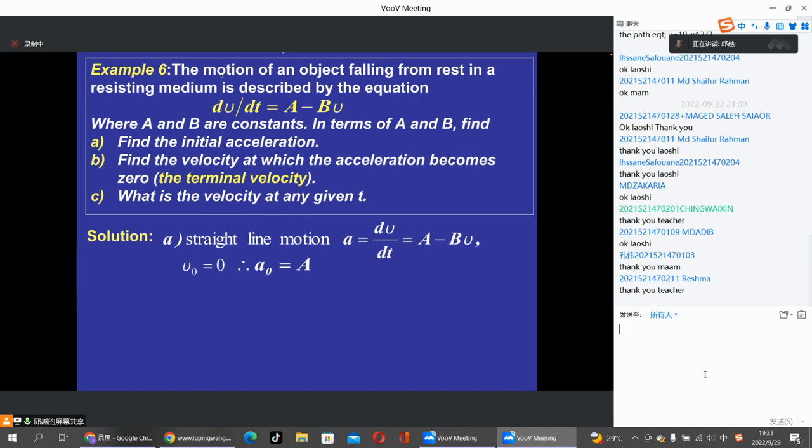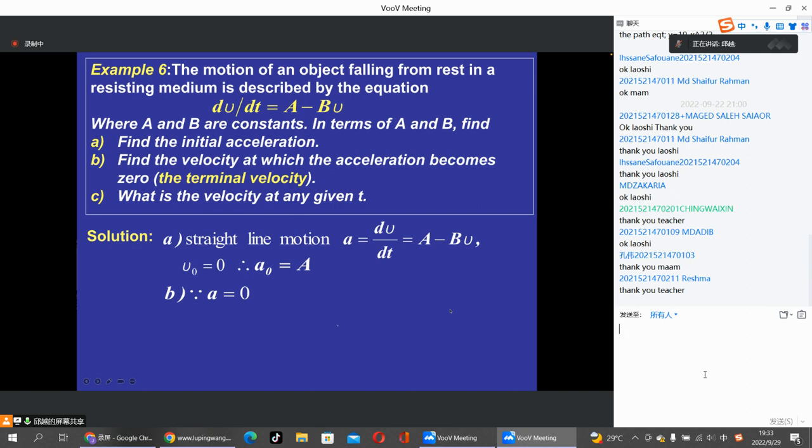Okay, then problem B. Find the velocity at which the acceleration becomes 0. In order to find the velocity at which the acceleration becomes 0, we can say when a equals 0, dv/dt equals 0.